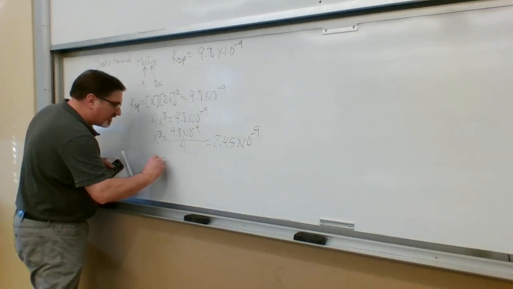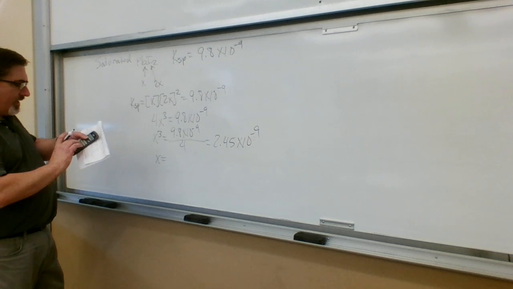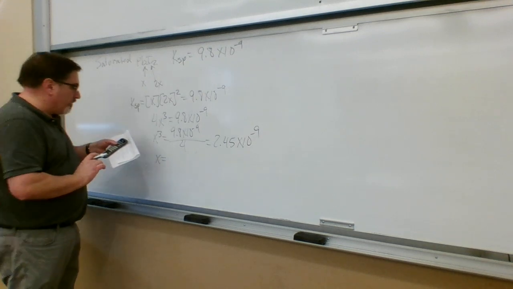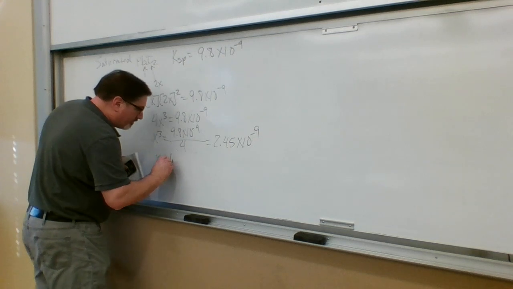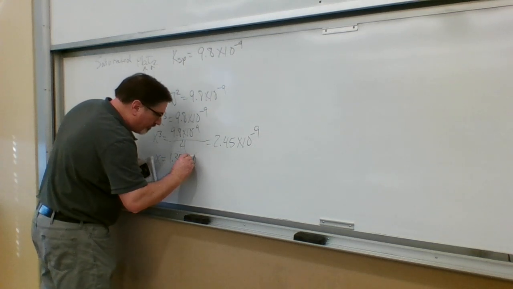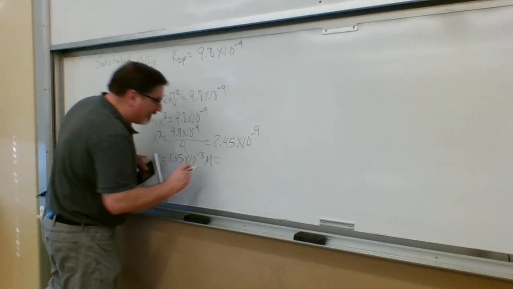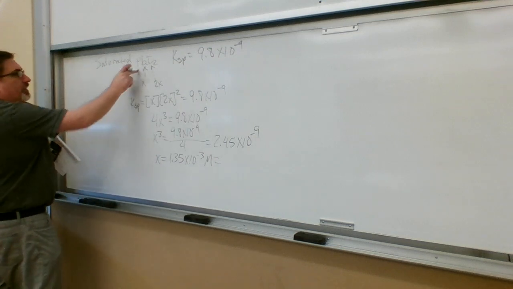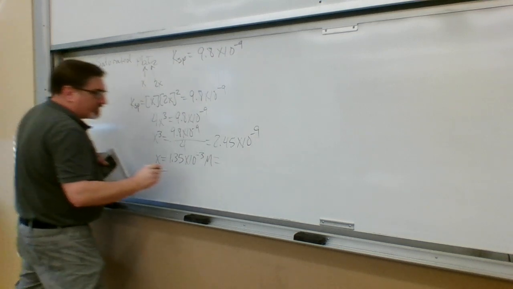So x is the cube root of that, so x to the 1/3 power, 1.35 times 10 to the minus 3rd. And from our problem setup, Pb2+ is x still.